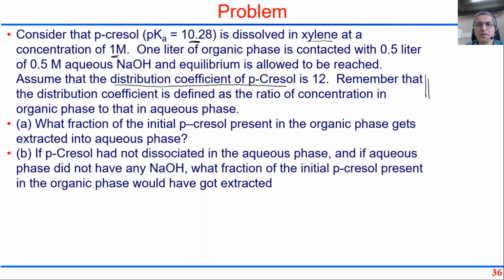The organic phase initial concentration is 1 molar paracresol, the aqueous phase initial condition is 0.5 molar NaOH, and 1 liter of organic phase is contacted with 0.5 liters of the aqueous phase. So now the phase ratios all have to be considered. Do this problem yourself. We will see the solution in some time.